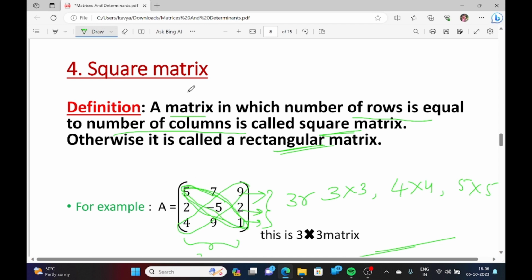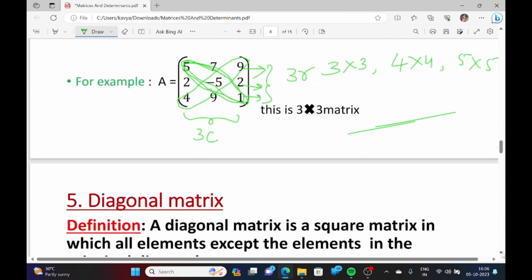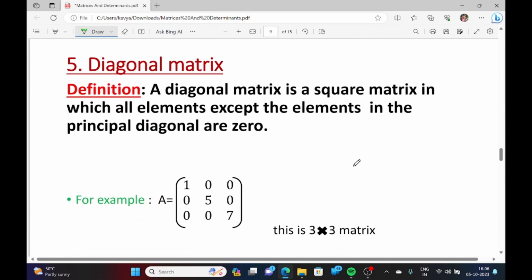Only in a square matrix do we get to see the principal diagonal. So what does diagonal matrix mean? A diagonal matrix is a square matrix in which all elements except the elements in the principal diagonal are zero. Here we can see that in this example this is the principal diagonal, right?